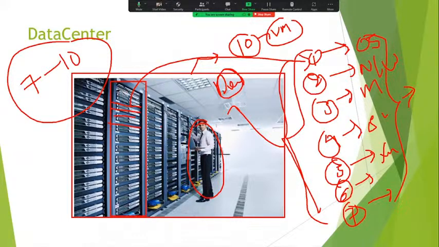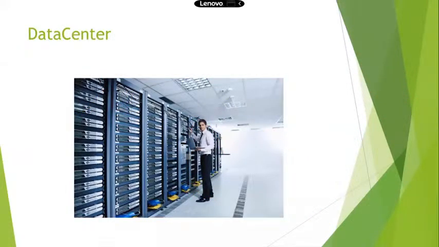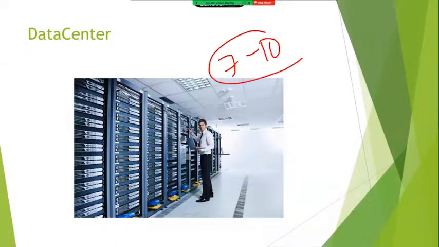Then installation, configuration, management, verification, and checking security vulnerabilities. To do all these things, it will take a minimum of 7 to 10 days. This is a burden to the organization, because if it takes 7 to 10 days, it is very difficult. Nowadays, everything is happening instantly, right?